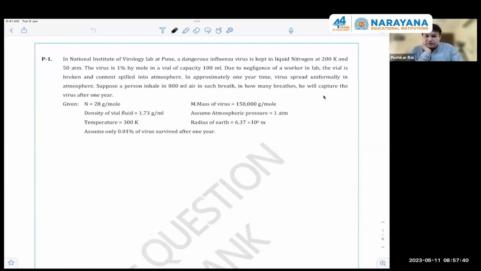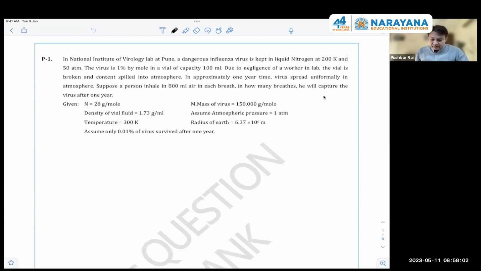What was your approach of solving the problem? I first assumed that fluid to be an ideal gas, but that didn't work. Okay, that fluid to be the ideal gas. So why take that fluid to be an ideal gas? No other option.